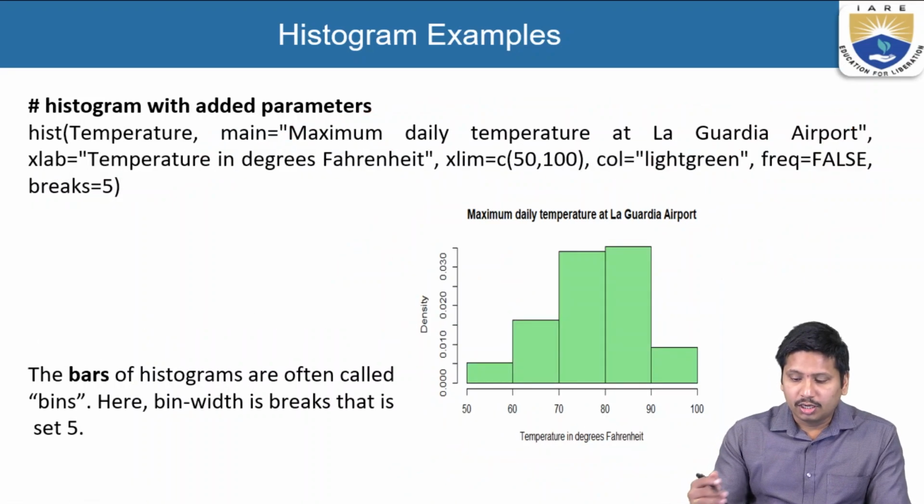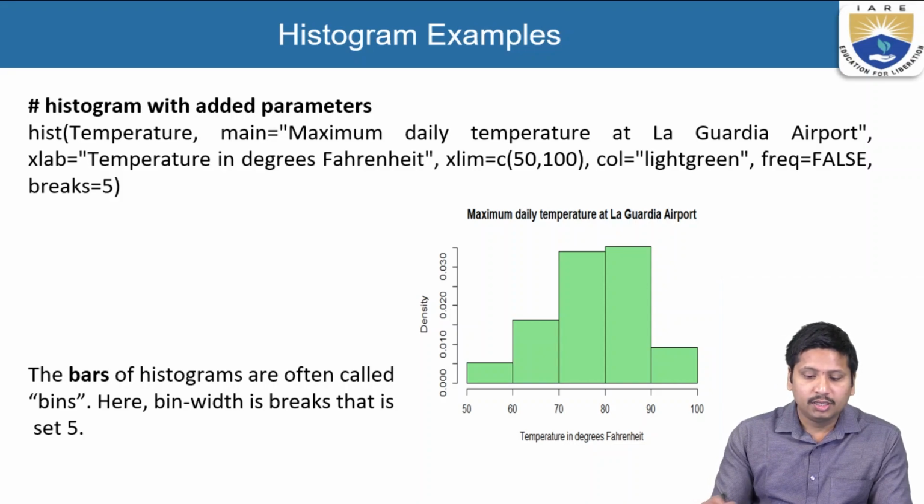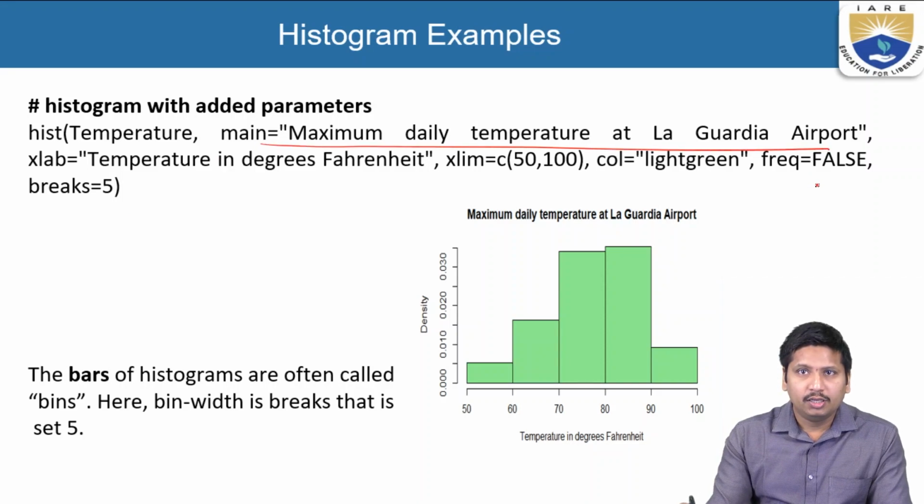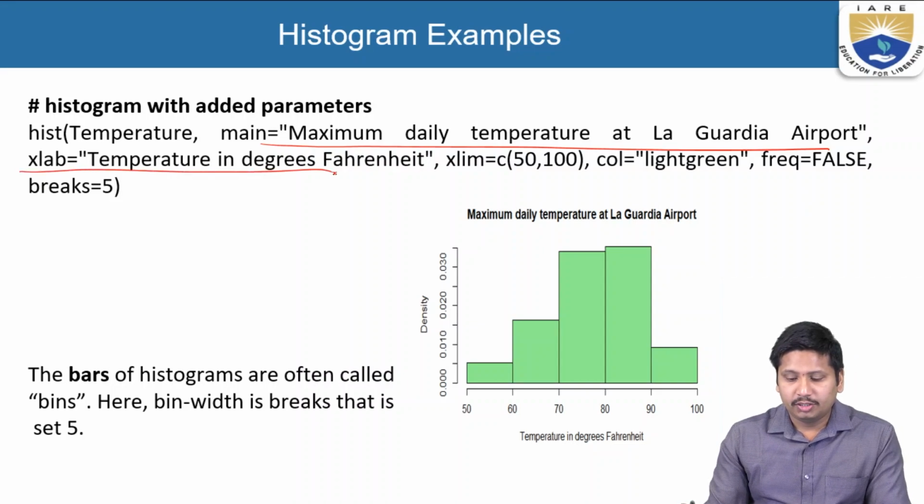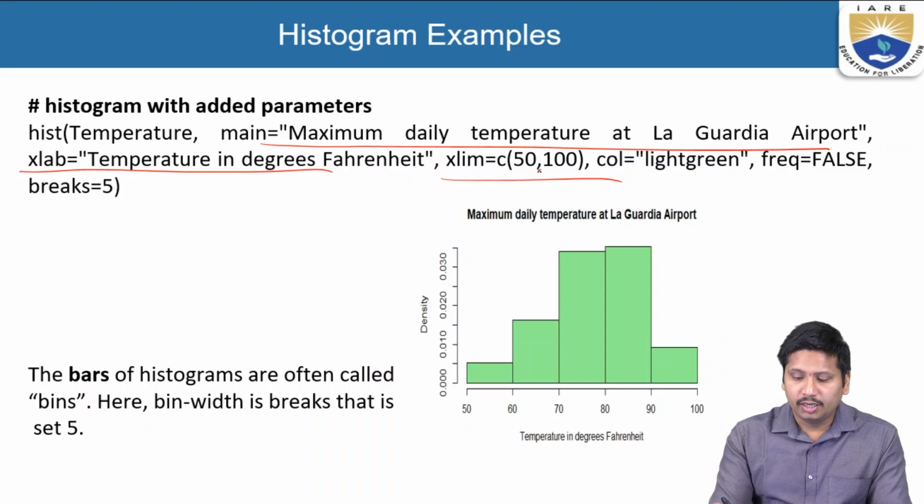And with some more additional parameters, here is hist of temperature. The heading I'm going to add. Along with this I'm going to specify the labels xlab and ylab, the label for the x-axis and y-axis, and the x limit, the range: the starting should be 50 and the ending should be 100.